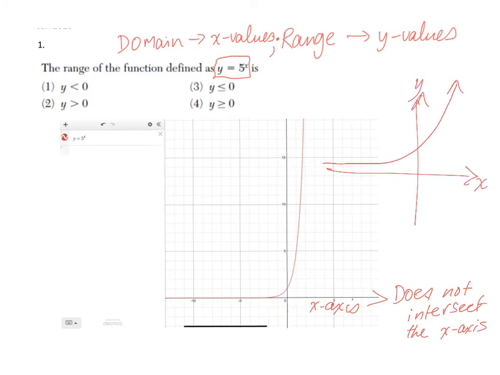But it keeps going on forever on the y-axis. So what are the values of y over here? You've got 0 right here, then you have positive 5, 10, 15, and so on. So are these all positive values? They are. Hence we'll choose choice number 2. Anything greater than 0 is your range.